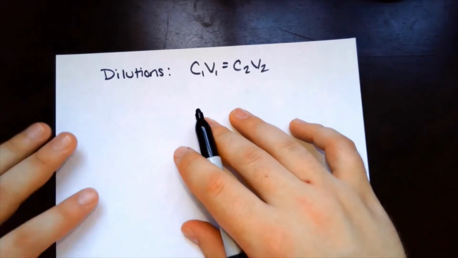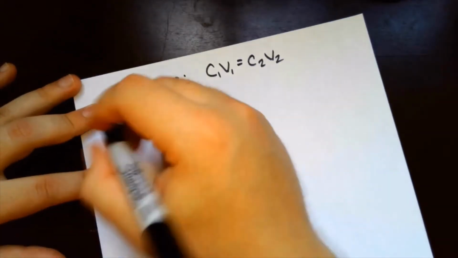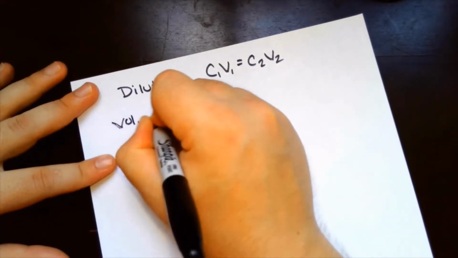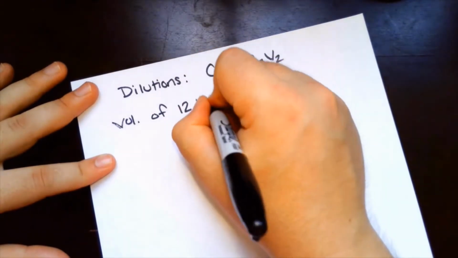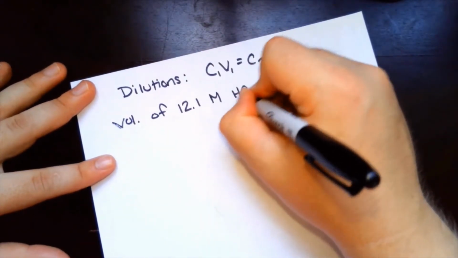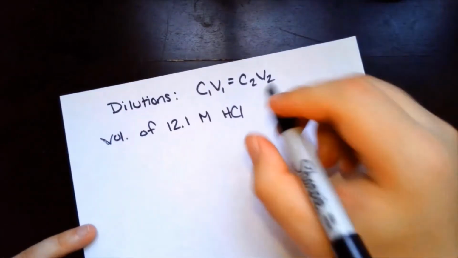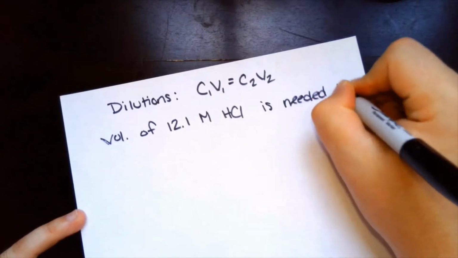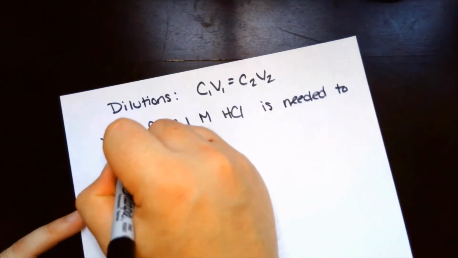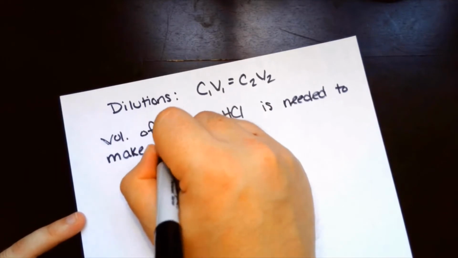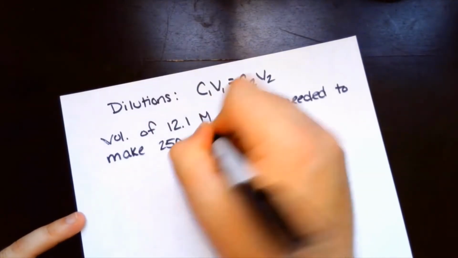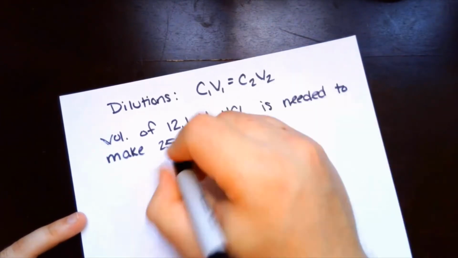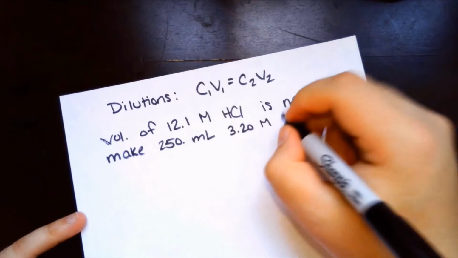So if I say, for instance, what volume of 12.1 molar HCl is needed to make 250 milliliters of 3.2 molar HCl.